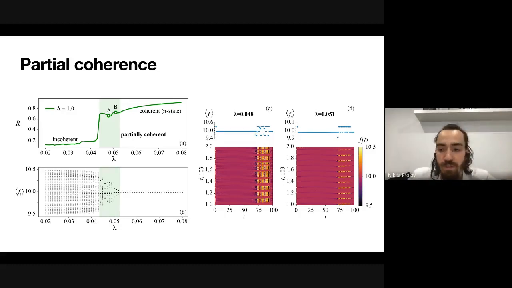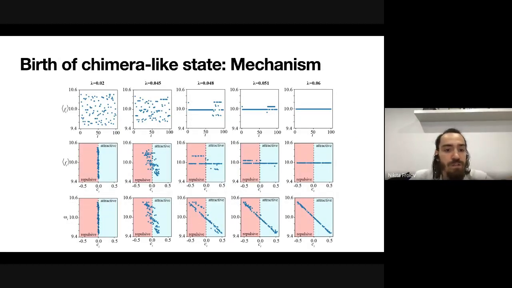So what are the mechanisms leading to such frequency modulated chimera-like behavior? Considering the dynamics of the network versus the coupling strength, we can see that increasing the coupling strength leads to the splitting of the ensemble into populations which are attractively coupled with positive coupling strengths, and a repulsively coupled population, which is characterized by negative coupling strengths.